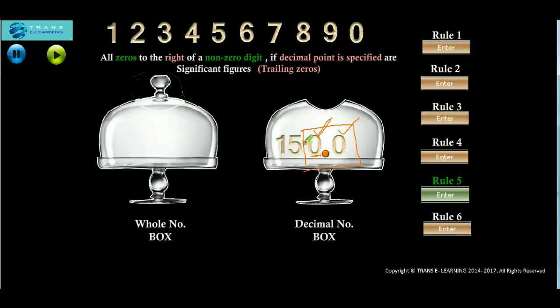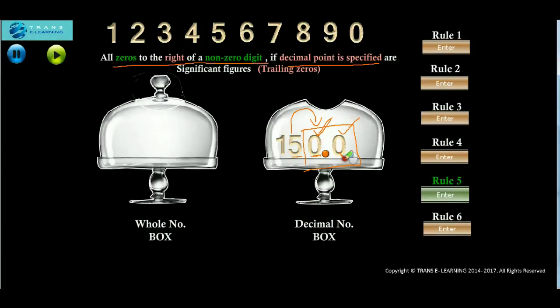So what this rule says is that all zeros to the right of a non-zero digit. Here we have a non-zero digit, and the zeros to the right of this non-zero digit, if a decimal point is specified, are significant figures.